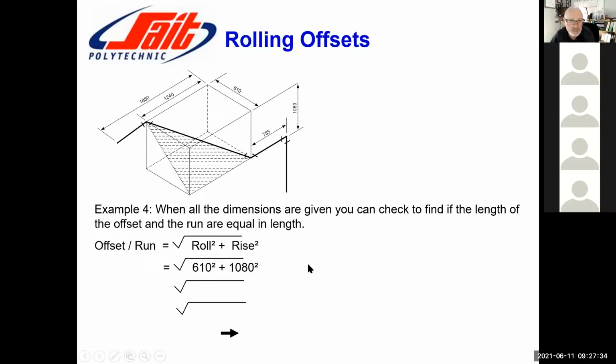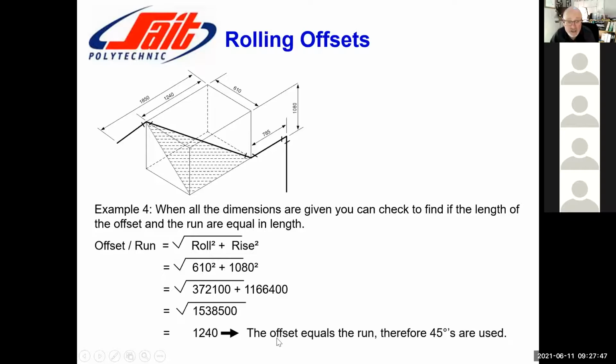What we do is we take 610, which is our roll, and then we take 1080, which is our rise, and we'll calculate that out. And look at that, it comes out to 1240. Because it came out to 1240 and our run is 1240, it means that I am using 45-degree elbows here.